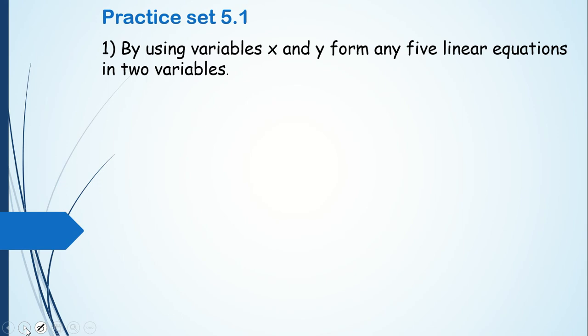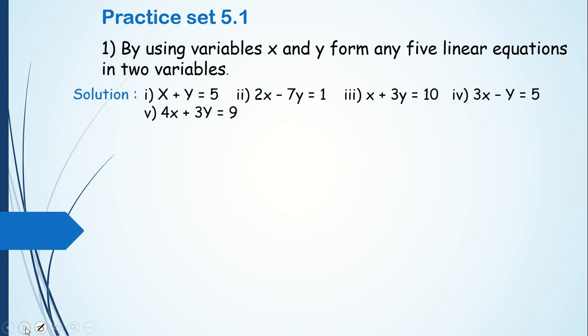Practice set 5.1. By using variables x and y, form any 5 linear equations into variables. So this is totally our choice. Anyway, any number we have taken and just done, because they have not given any specific condition over there.